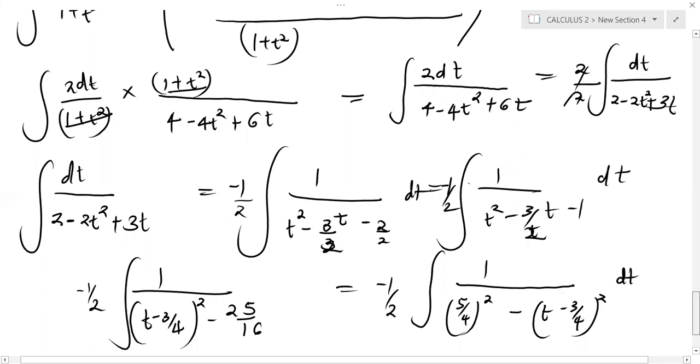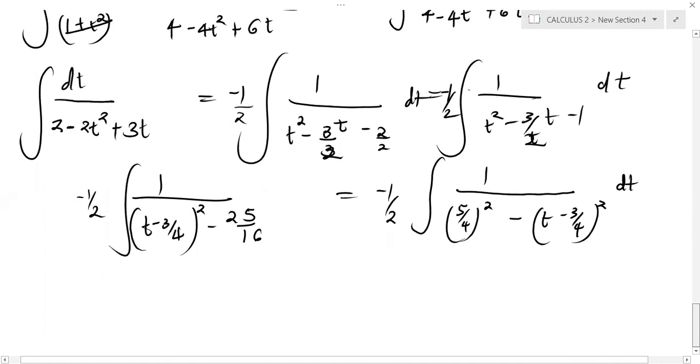Okay, and evaluating the integral of this, this is also a direct integral in the SMP.